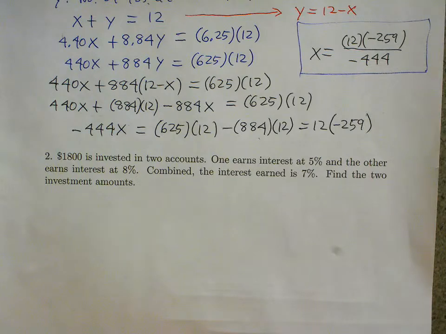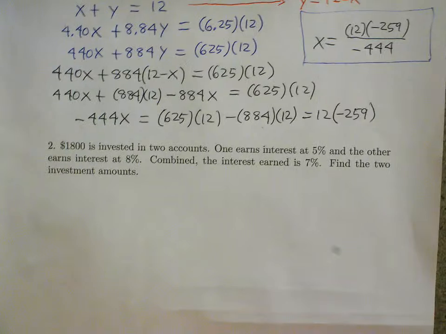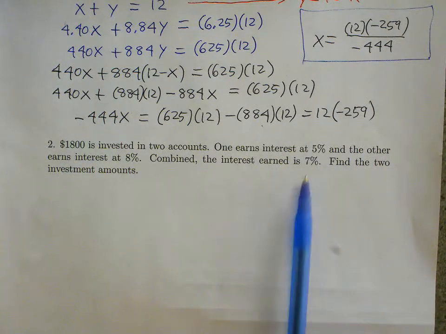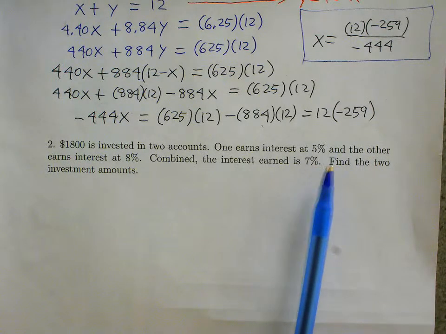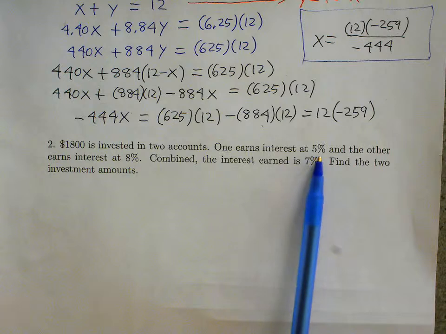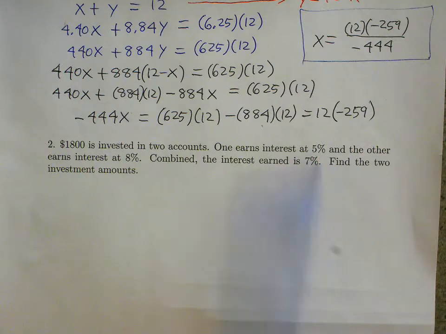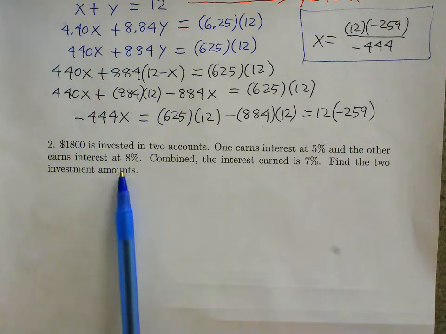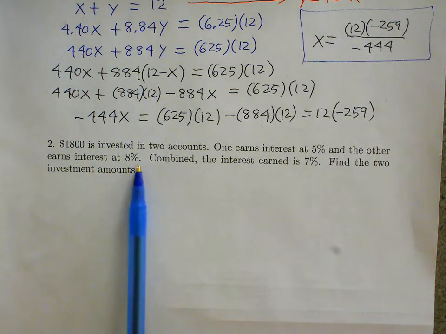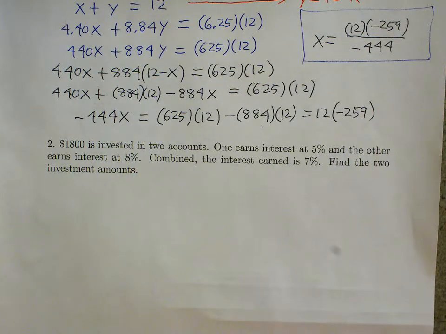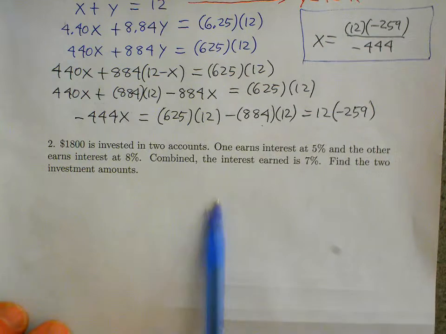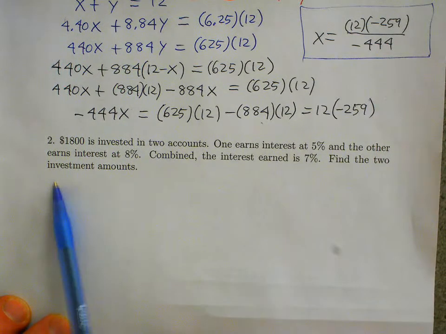It's being assumed without stating it explicitly that the interest rates are annual interest rates, so 5% per year and 8% per year are the two interest rates.